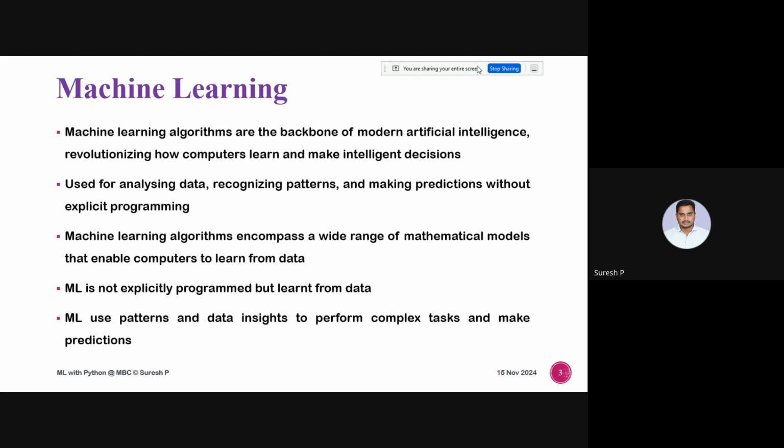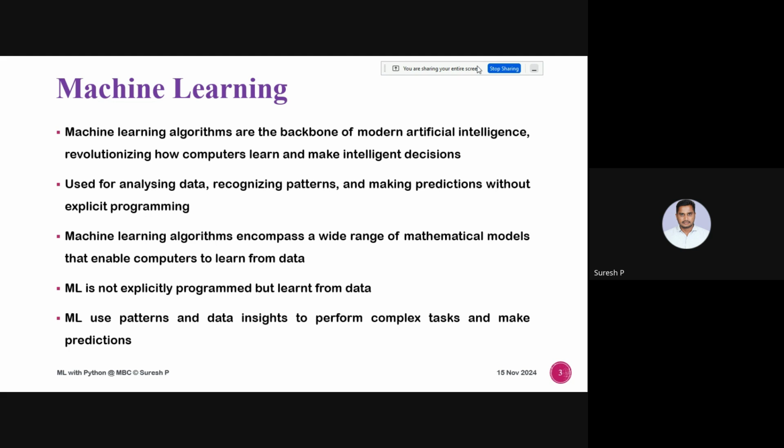Most industries, most organizations, even the government sectors are using machine learning algorithms and artificial intelligence techniques in order to automate most tasks, in all the applications of the industries.